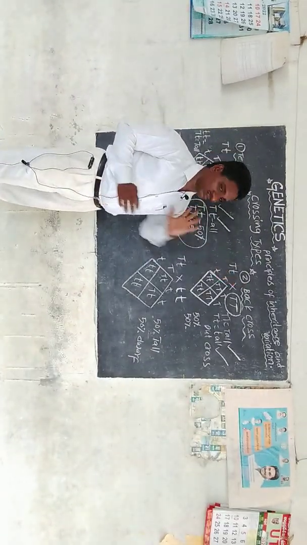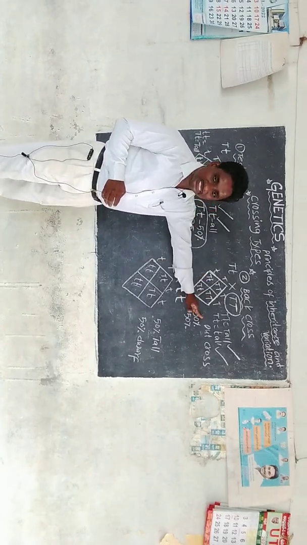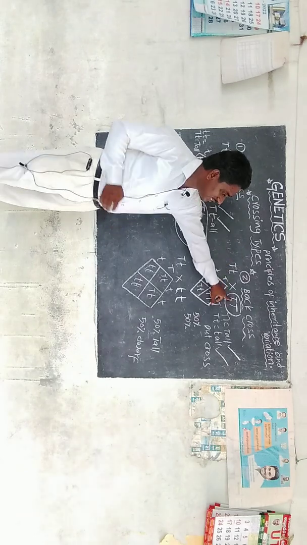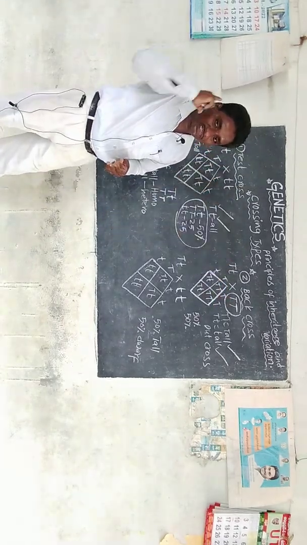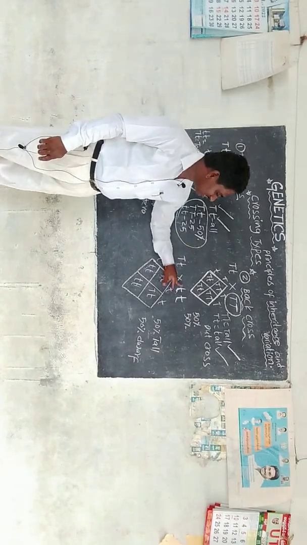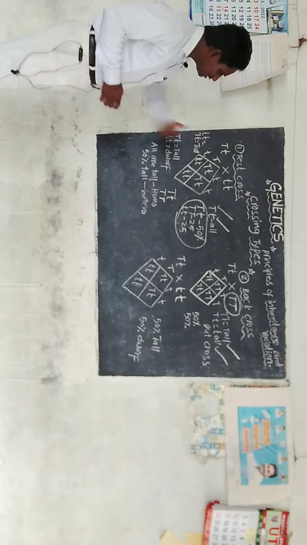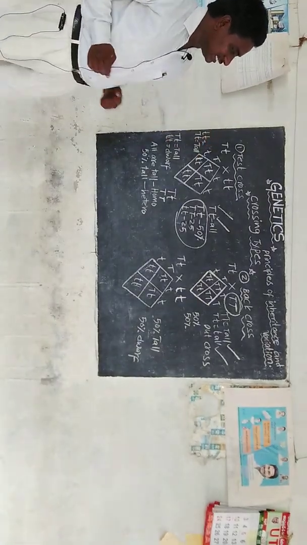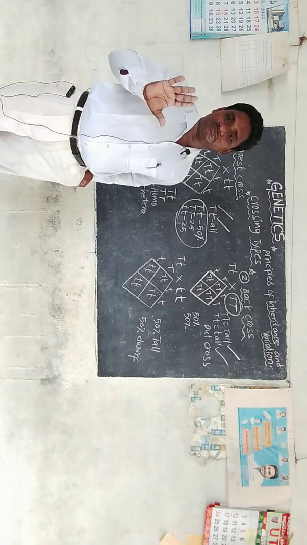We did back cross. If you want 100% tallness, cross with capital T. If you want only 50% tallness of the plant, do the back cross with small t small t. Now, after observing all these characters, Mendel proposed two theories.